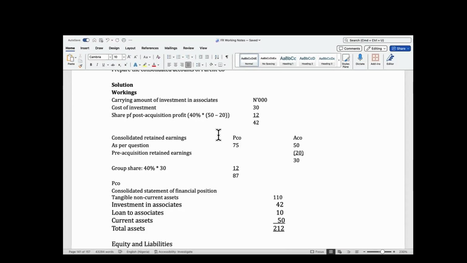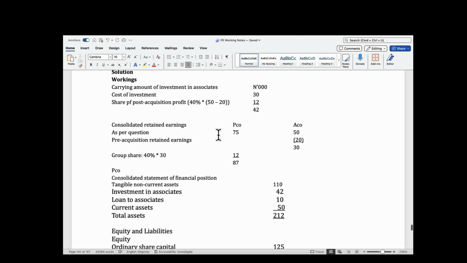When you make profits from your associate, such profits are also eliminated, of course, to the extent that the goods remain within inventory. And you eliminate the unrealized profits to the extent of your holding in the associate.